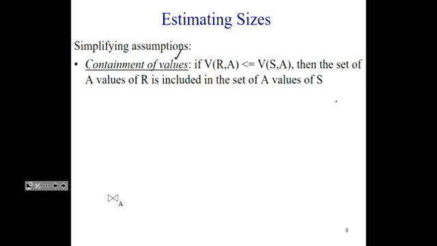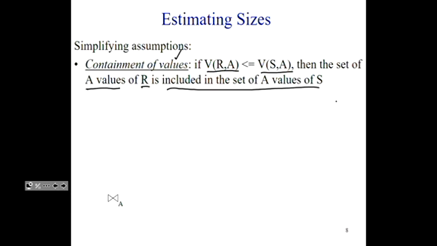The first assumption that we're going to make is a value containment assumption. The assumption says that if the number of distinct values of attribute A in relation R is less than or equal to the number of distinct values of attribute A in relation S, then the set of values that A takes in R is included in the set of values that A takes in S. Okay, so this is an assumption.